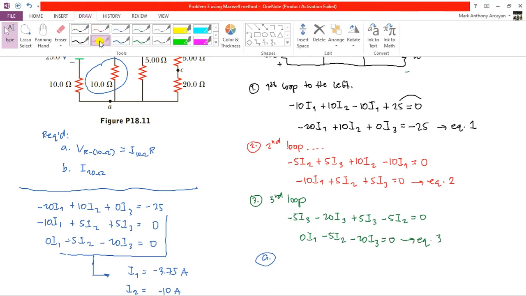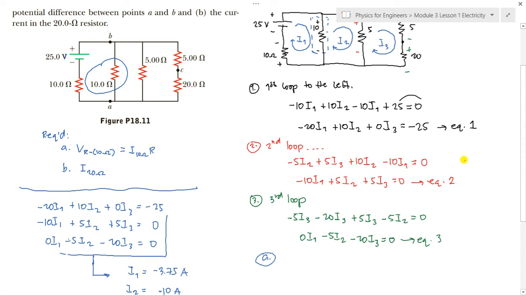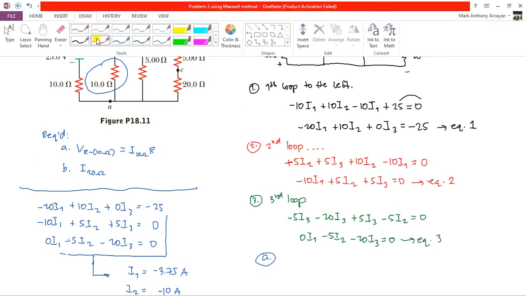In the second loop, this I2 supposedly is 15 because of the 10. So for the second loop, this is actually positive 5. I2 is positive 5, so the sign changed. This one is positive and this should be negative.